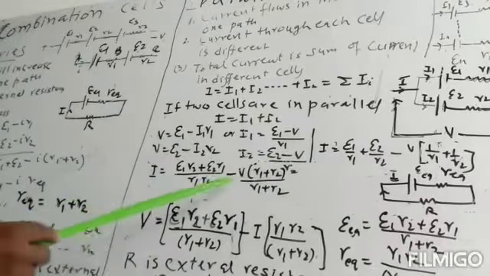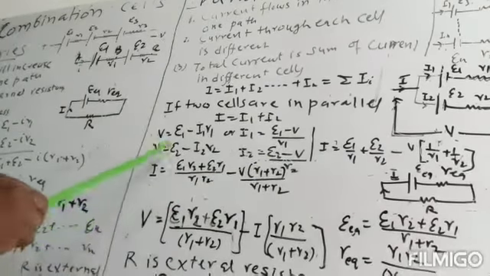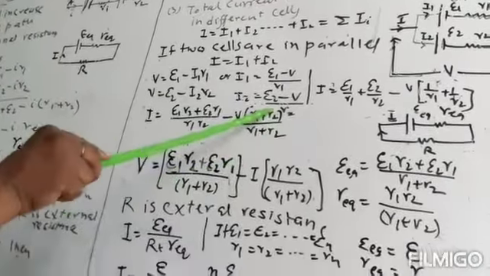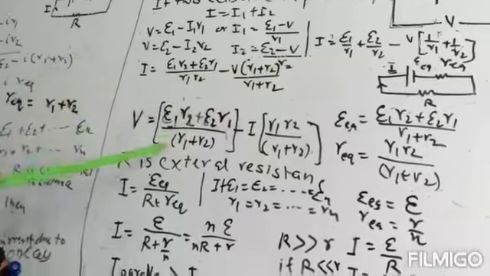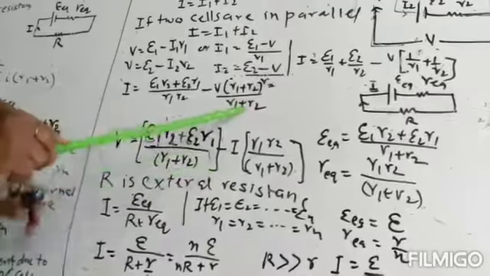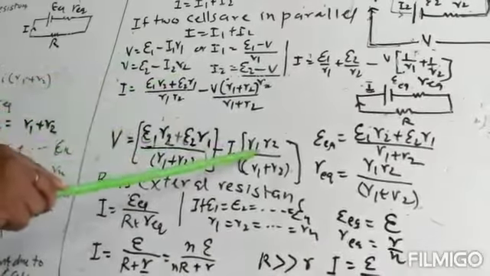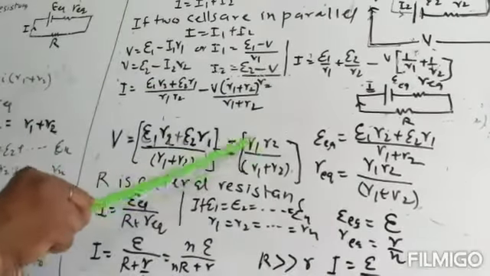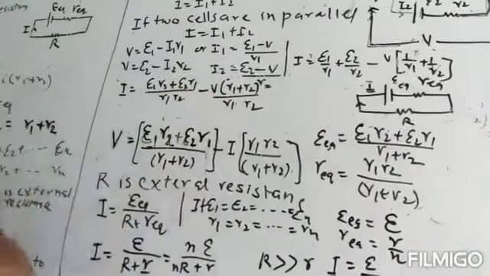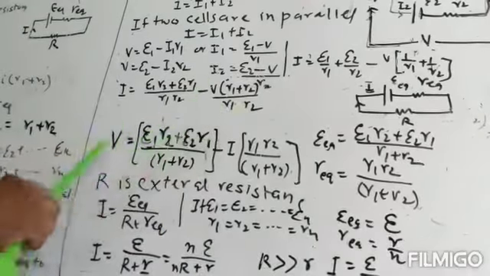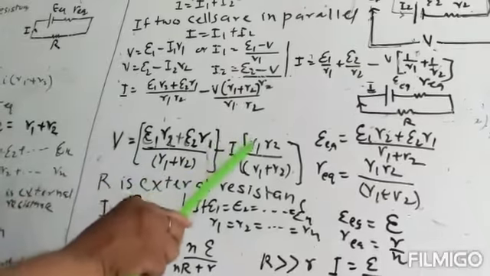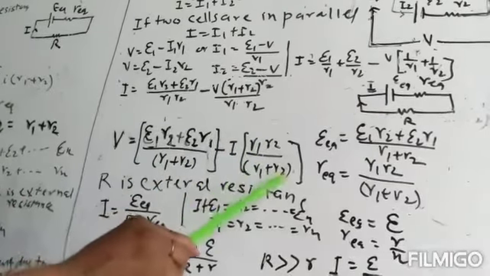V will be equal to (E1 R2 plus E2 R1) divided by (R1 plus R2), minus I times R1 R2 divided by (R1 plus R2).